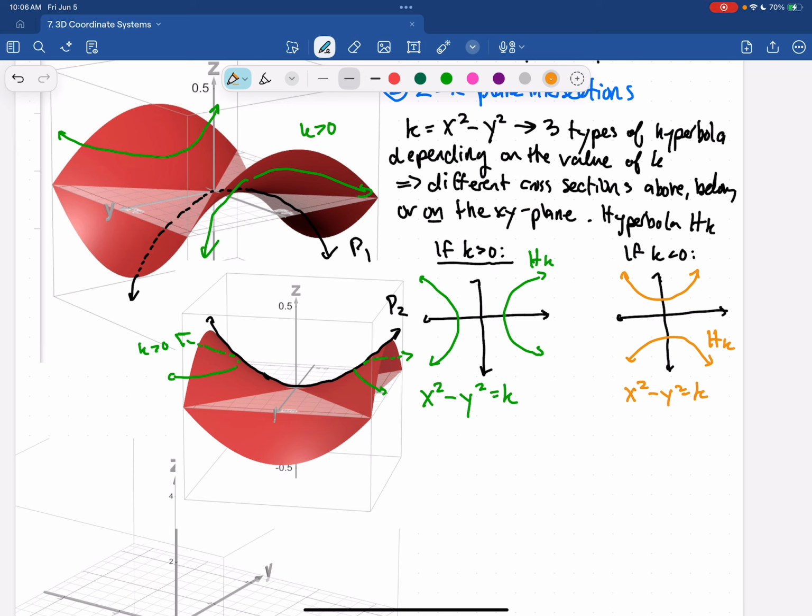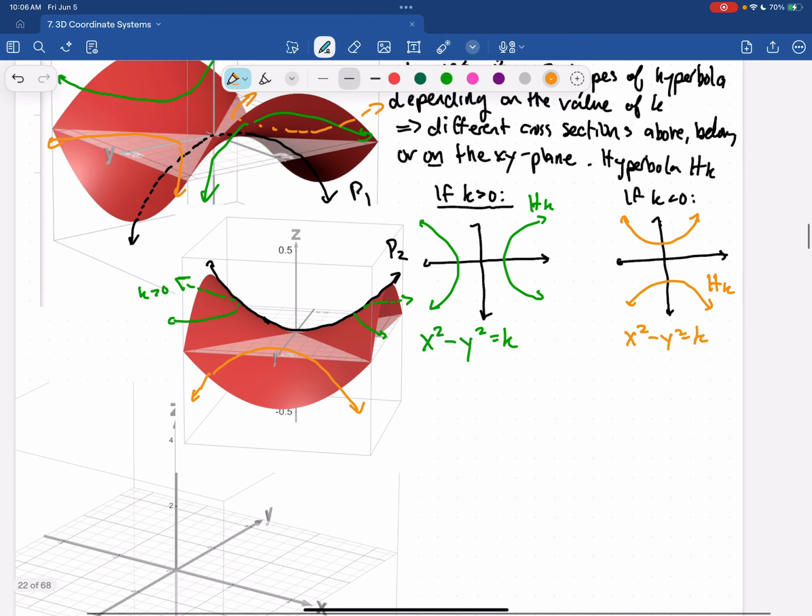That's how we get something like these guys. So maybe here, there would be one reaching out on the other side. It's just not really feasible to draw directly on here. Same idea for this one, and there's another one on this side. Okay, so those are the two big cases.